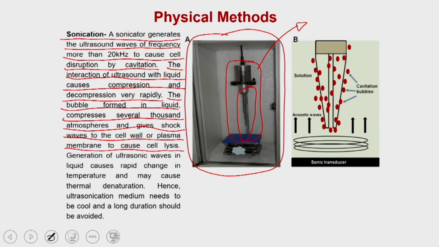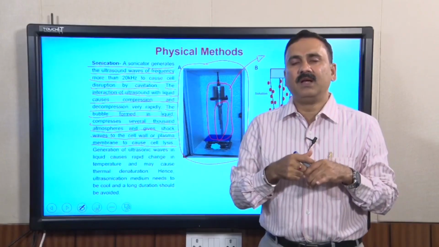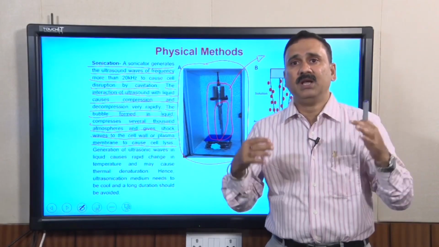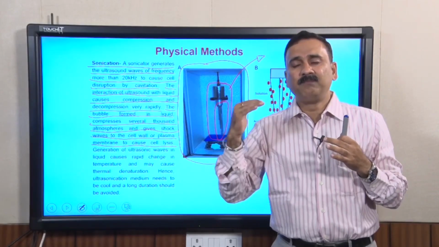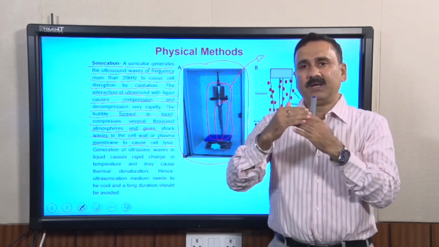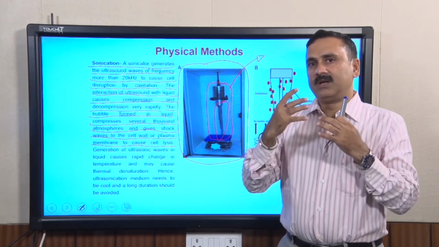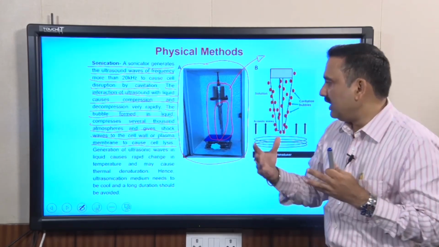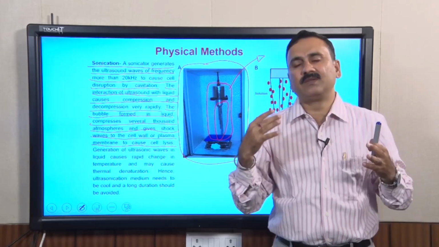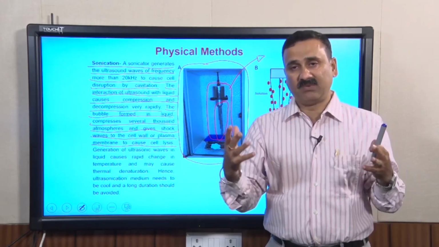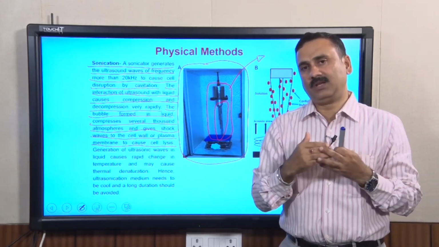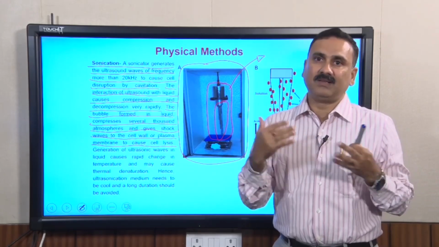Because there is a huge pressure difference, it produces bubbles, and because the change in pressure is so high, it gives shock waves to the cell wall or plasma membrane, and as a result the cell bursts and releases its content.